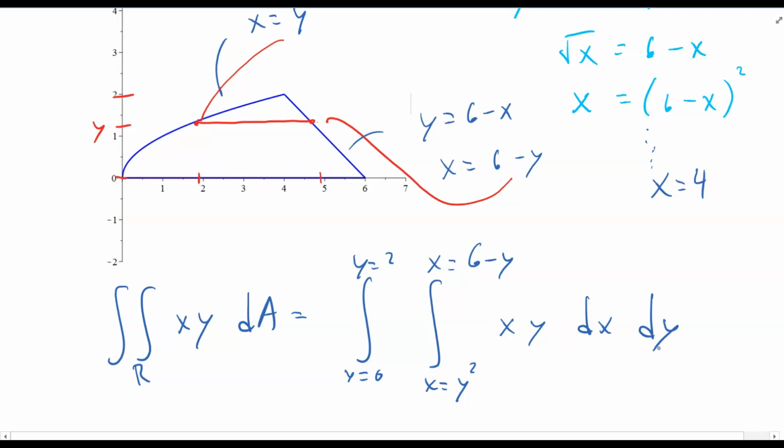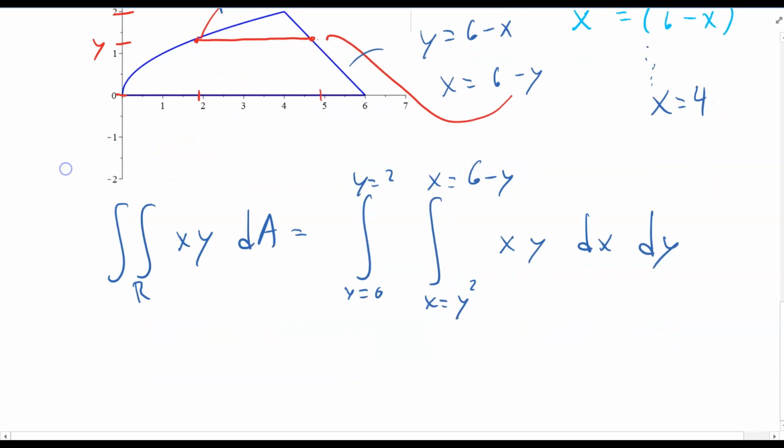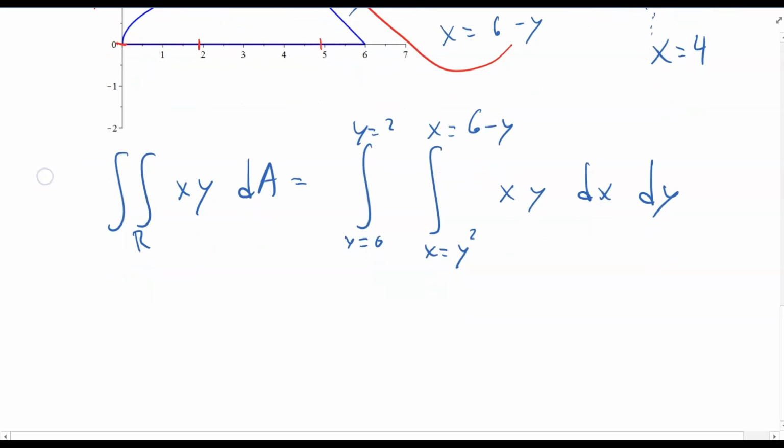Now we just need to go through and evaluate this iterated integral. So we need to find the antiderivative, or the anti-partial derivative, with respect to x, and then use the fundamental theorem of calculus to evaluate that inside integral. Again, the outside integral will stay the same. Looking at our inside function we need to integrate here, our integrand, we've got x times y.